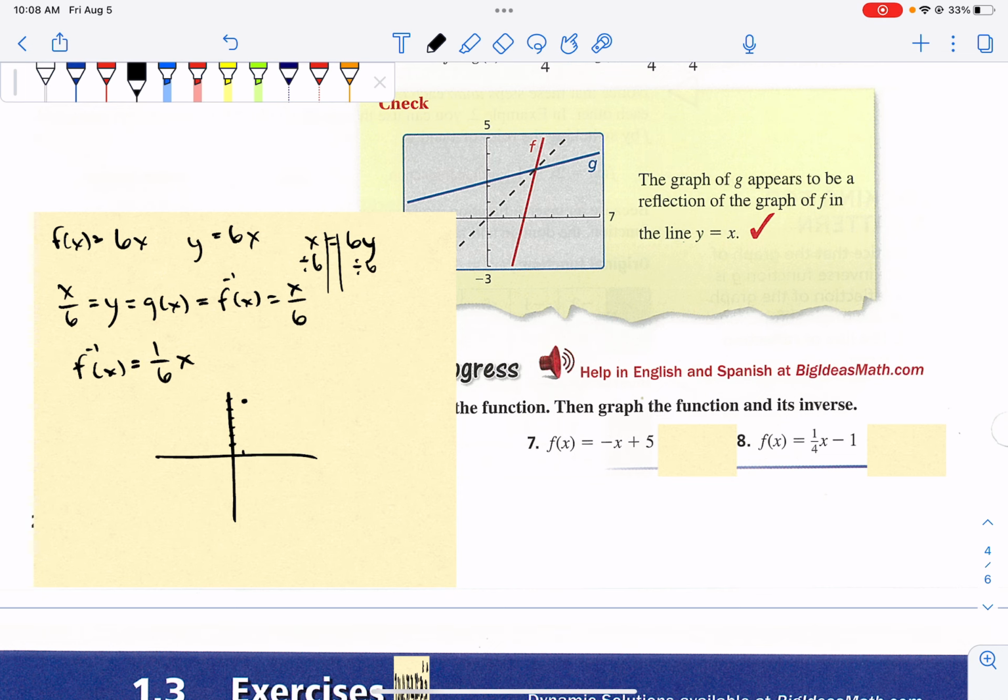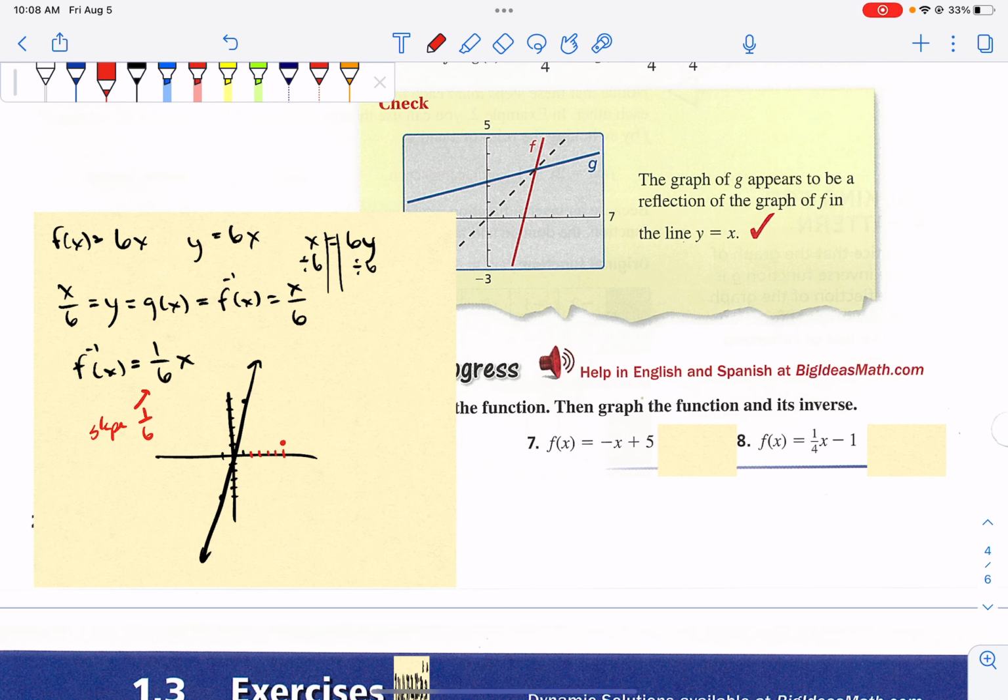That also means that I go over to the left one and I go down 6. So when I graph my original function, it looks like that, okay? Now my inverse function, y equals 1 over 6x, that means a slope of 1 over 6. So instead of going up 6 over 1, I go up 1 and I go over 6.